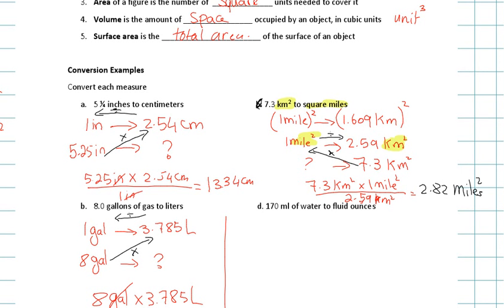Let's look at the next one: 170 milliliters of water to fluid ounces. Look at the table. Do you see anything between milliliters and fluid ounces?